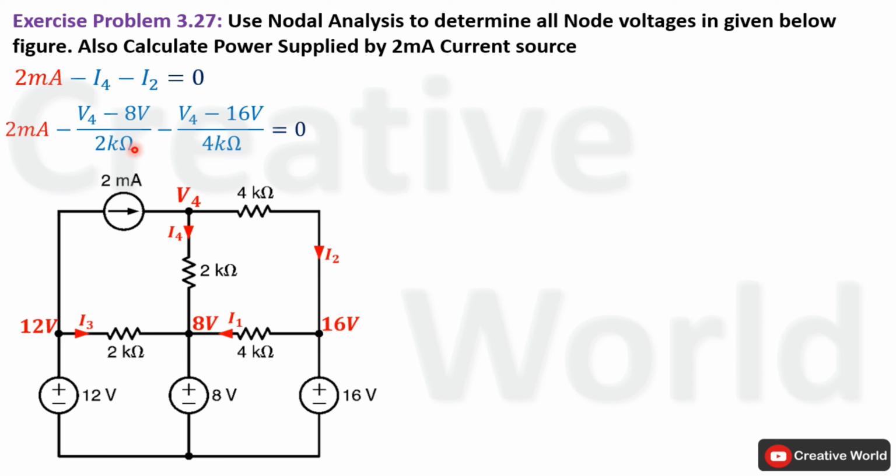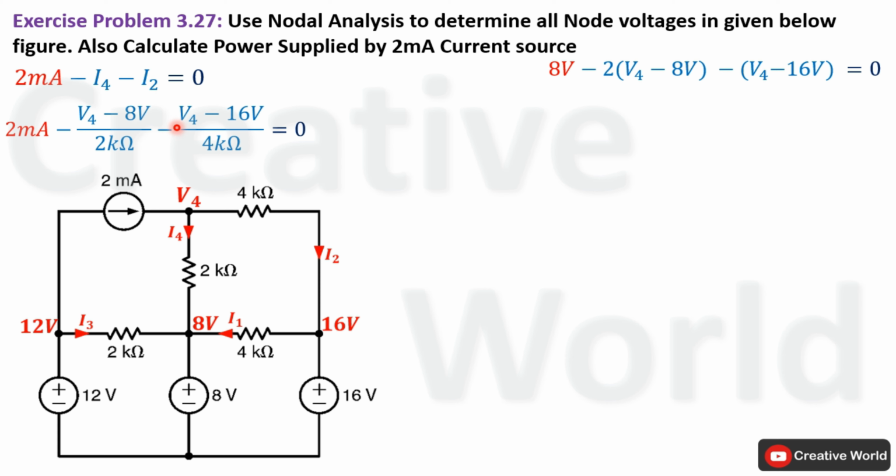Now in order to omit all denominator values, we will multiply this equation on both sides with 4 kilo ohm. Product of 4 kilo ohm and 2 milliampere will result in 8 volt. Here 4 kilo ohm and 2 kilo ohm in denominator will cancel out with each other. Only 2 will be left and that 2 will multiply with V4 minus 8 volt.